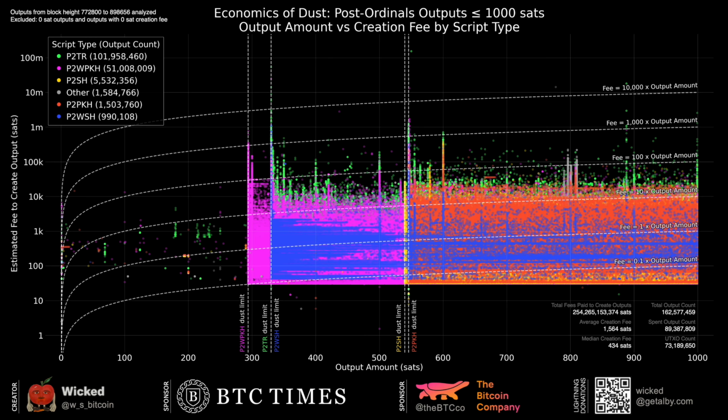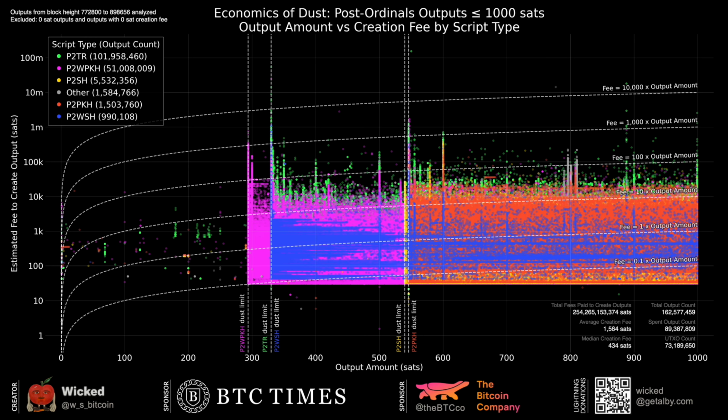The dust limit still plays a role in discouraging economically irrational outputs, especially when fees are low and incentives get a little weird. But this analysis also shows that fees alone already create a strong economic filter, right? People aren't creating outputs for free, they're burning massive amounts of sats to do it.